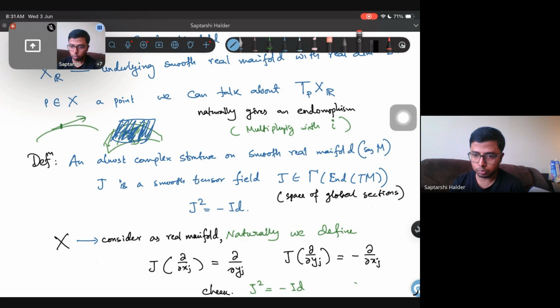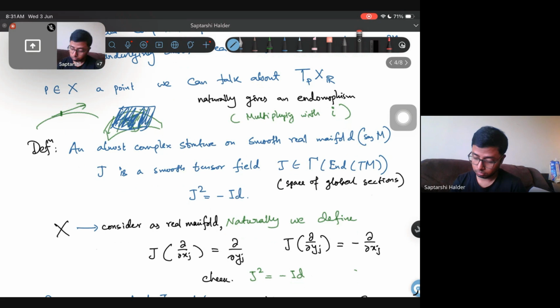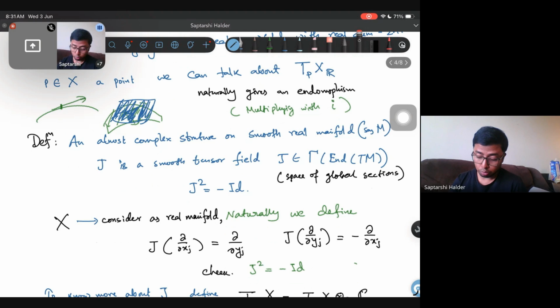So it's a natural endomorphism. Now we'll be talking about these things. What we define is a complex structure, because we need to give some complex structure to do analysis or calculus on this manifold.